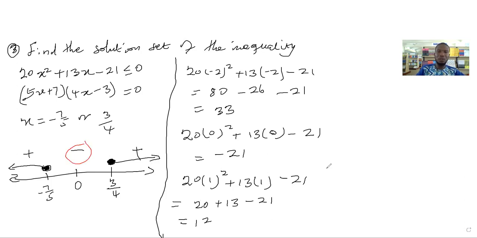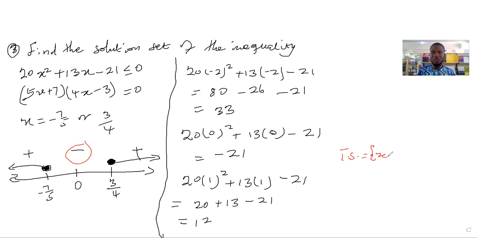So therefore, our two sets. Remember, we are concluding with the true set, because the question asks us to find the solution set. And anytime a question asks you to find the true set or the solution set, you need to put the final answer in curly brackets as your set. So you are going to choose the middle one that satisfies.